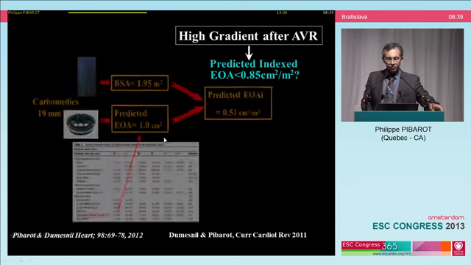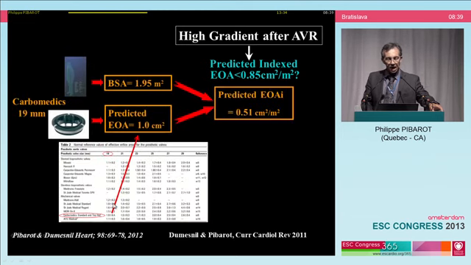How do we calculate it? You need to have the exact model and size of the prosthesis that has been implanted, and with that you can get the normal reference value for this type and size of valve, which in this case is 1 centimeter squared. And you divide by the BSA of the patient, which is 1.95 in this case, and you end up with a predicted indexed EOA of 0.51 centimeter squared per meter squared, which is small.